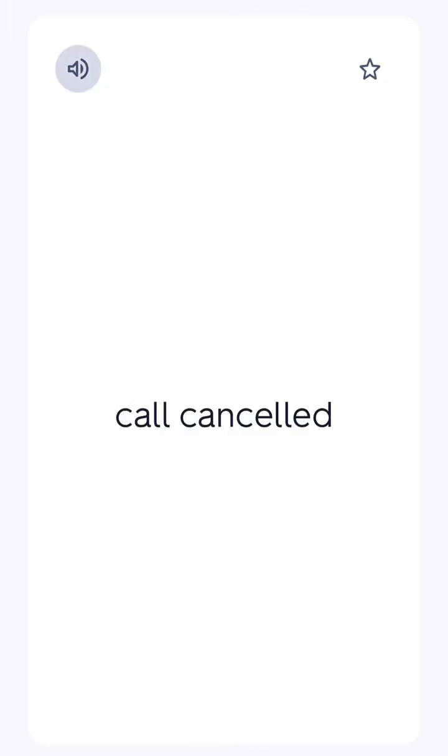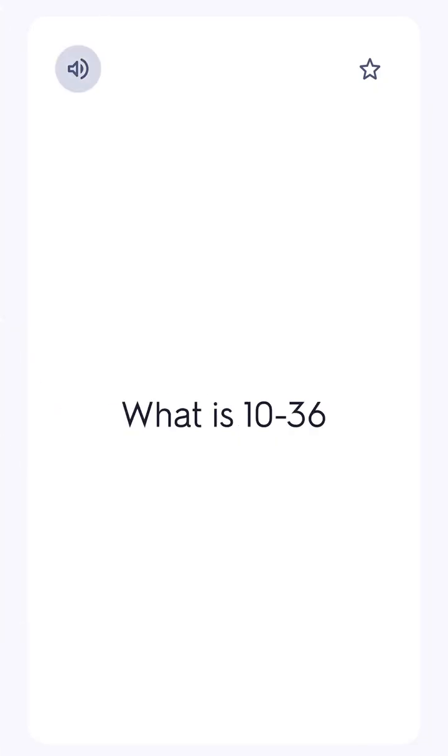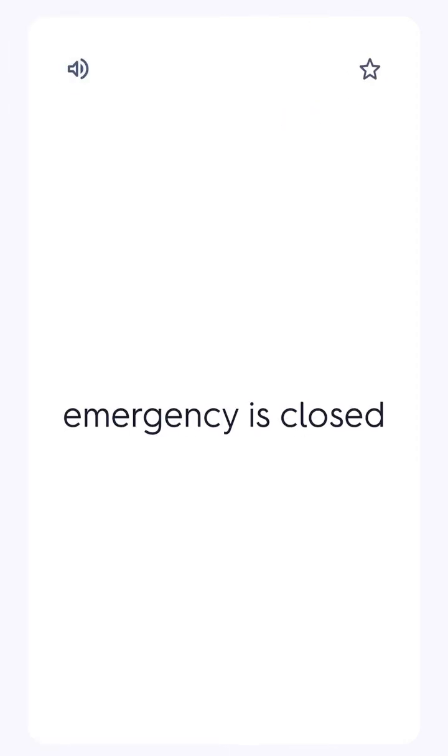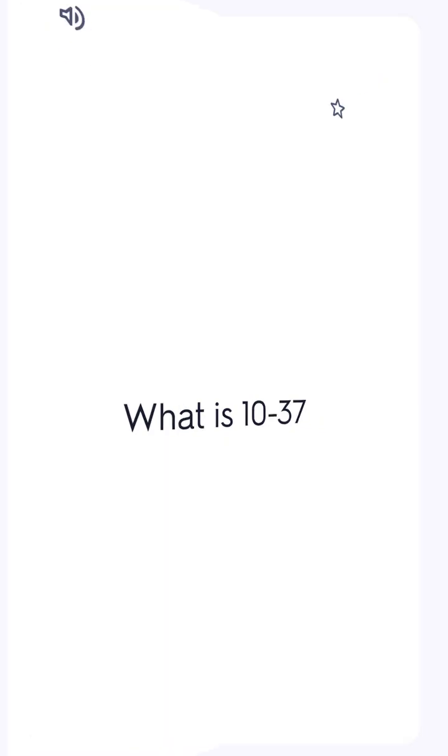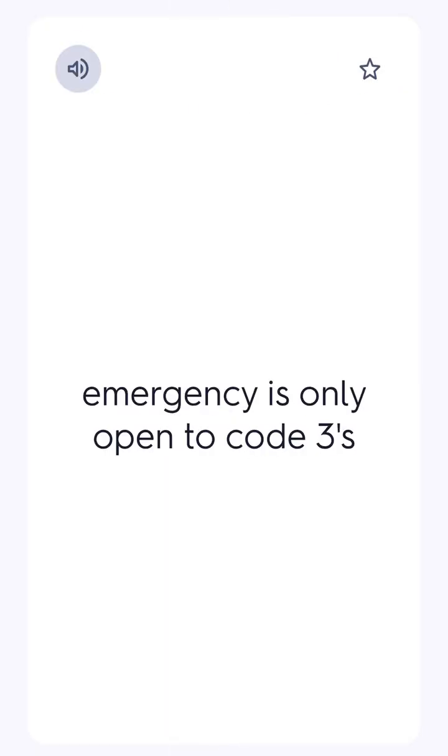Call cancelled. What is 10-36? Emergencies closed. What is 10-37? Emergency is only open to code 3s.